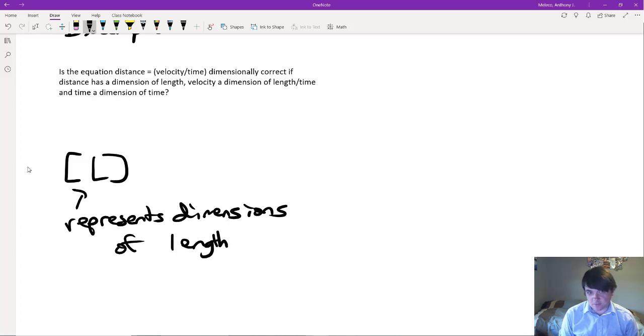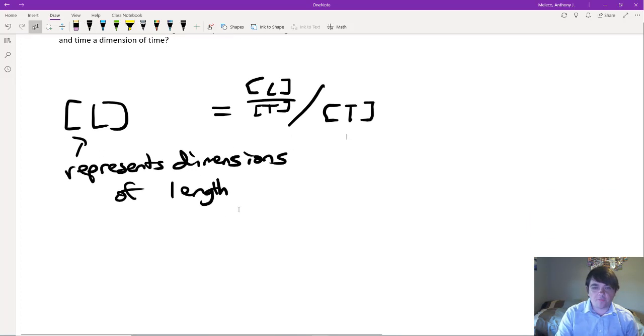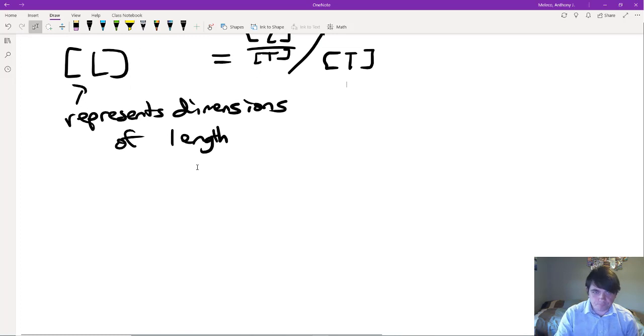So distance is length, equals velocity divided by time. Velocity, we're told, is length divided by time, so that would be L over time, and then divided by time, which has dimensions of time.